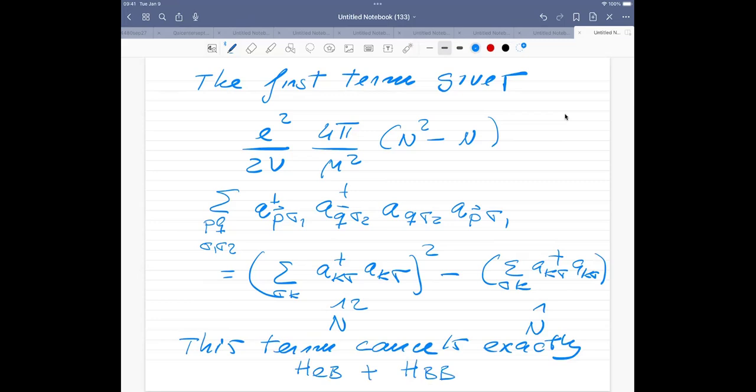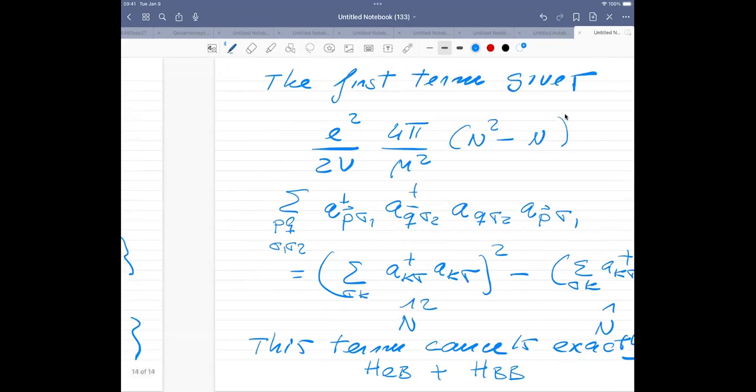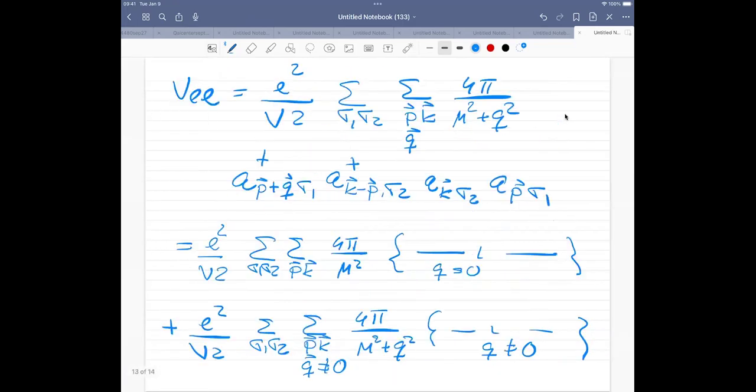So what I want to do now is to focus on the last term here, because that's the one which is going to give rise to the energy of the ground state with a Hartree-Fock basis.